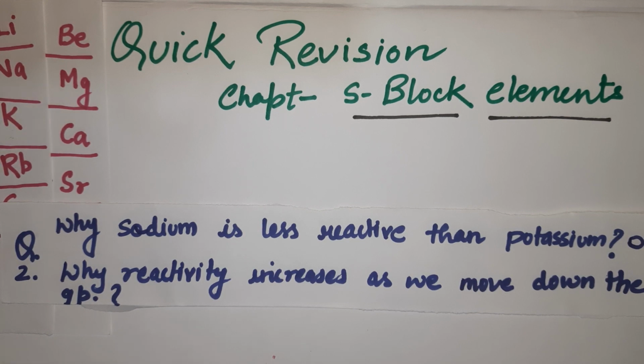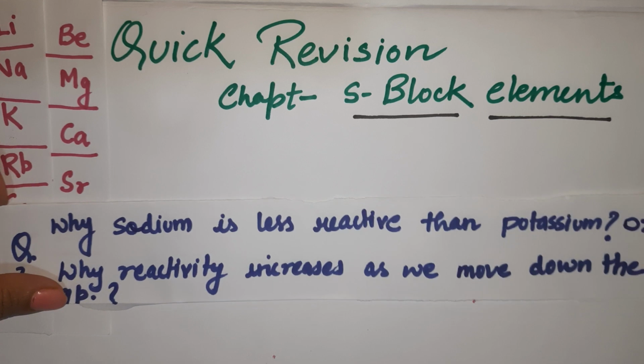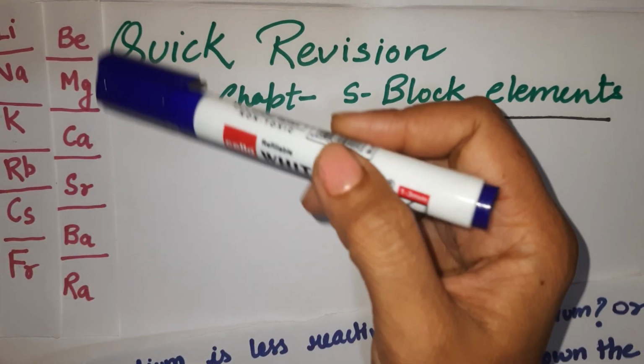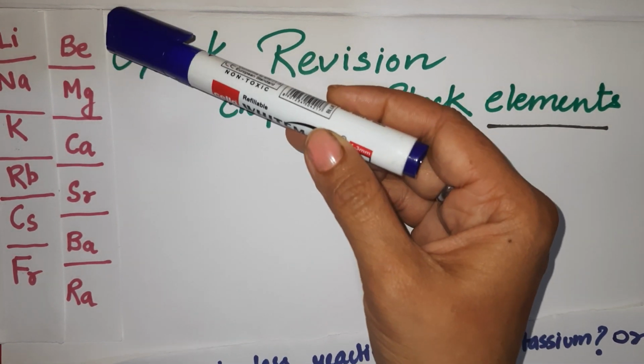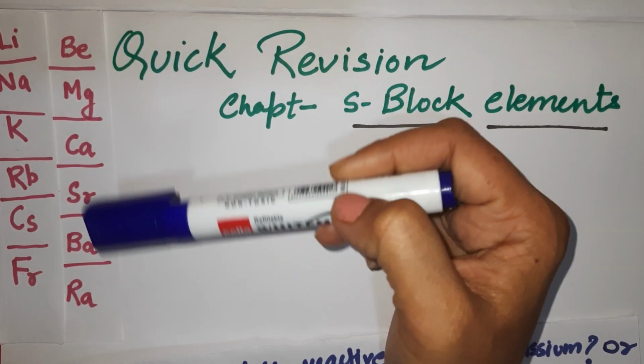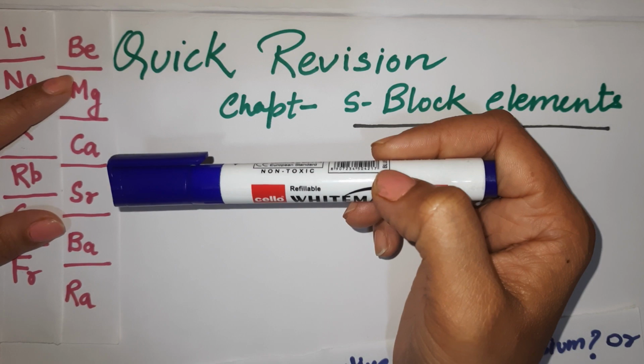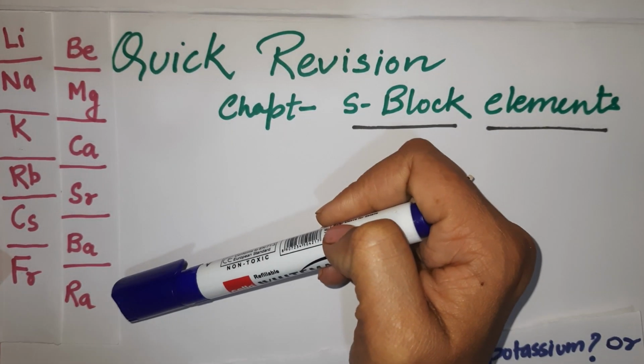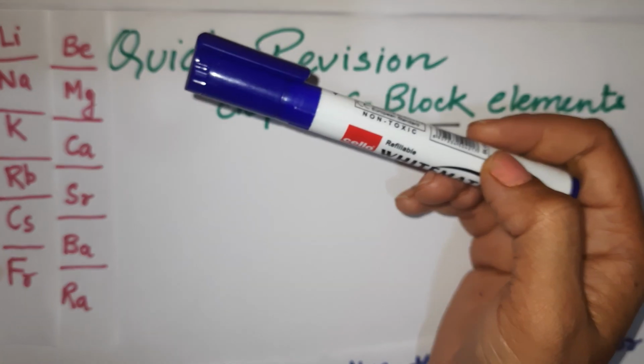Why is sodium less reactive than potassium? Or the question can be asked like this: why does reactivity increase as we move down the group? When we move from top to bottom, like from lithium to francium or beryllium to radium, why does the reactivity increase?